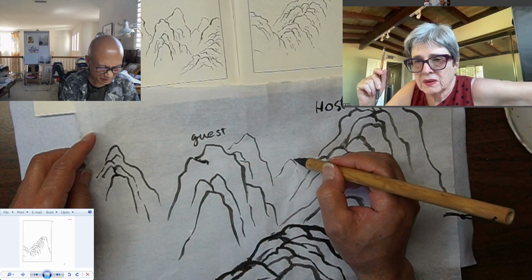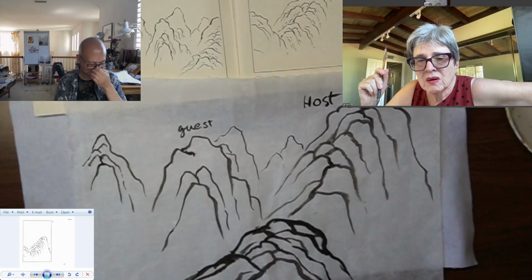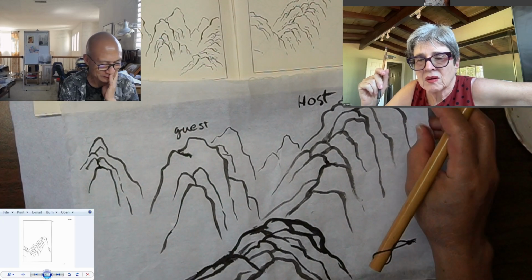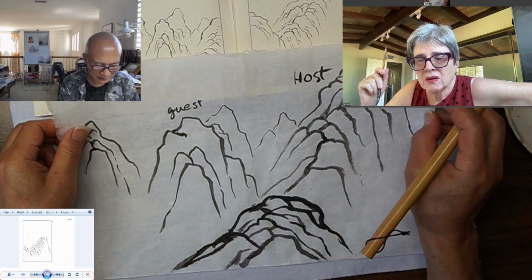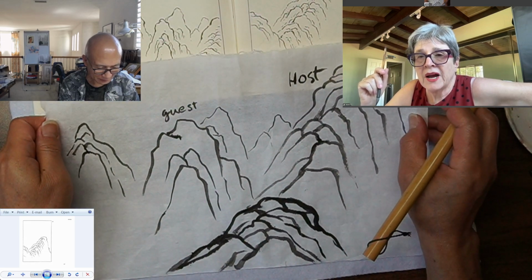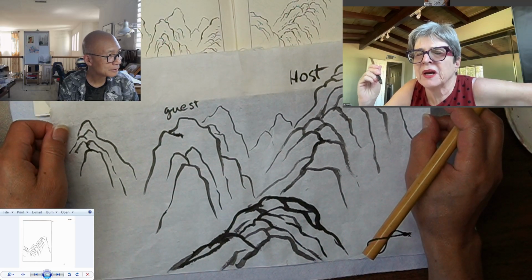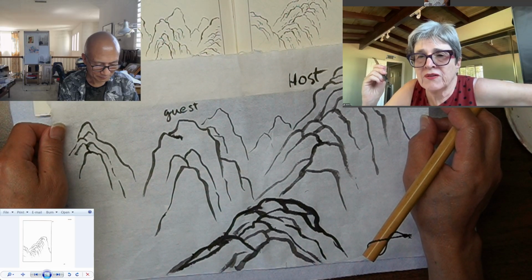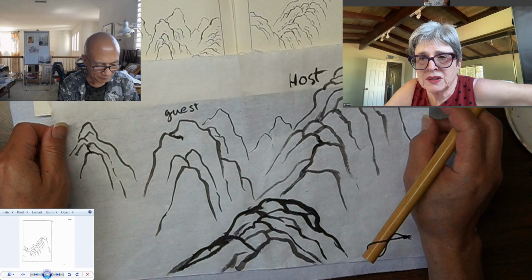So they think the father and son relationship is equivalent to husband and wife, emperor and subject. The hierarchical structure of the culture and society is mirrored in the mountains.